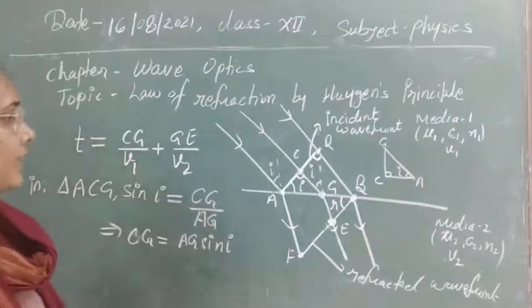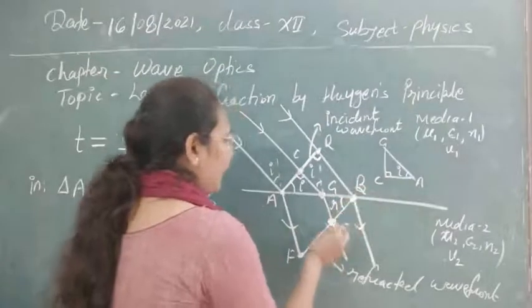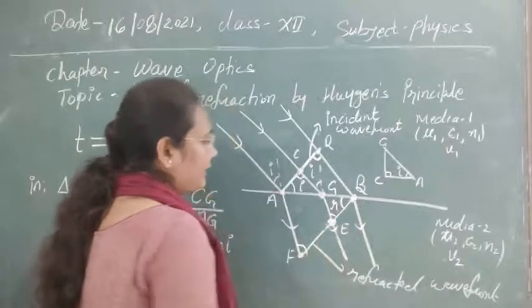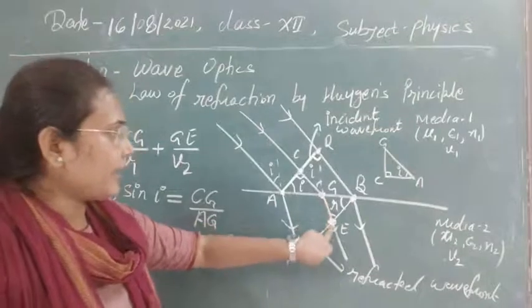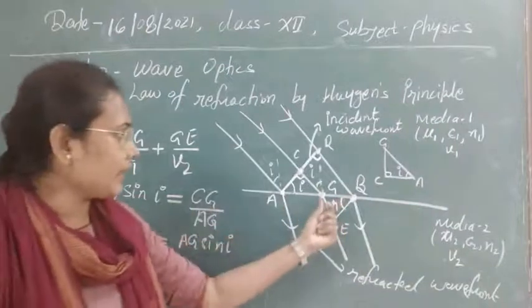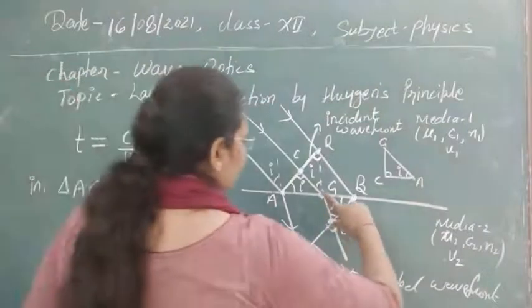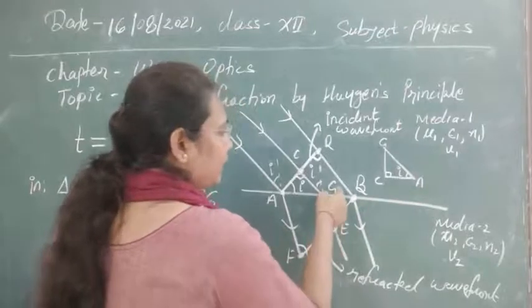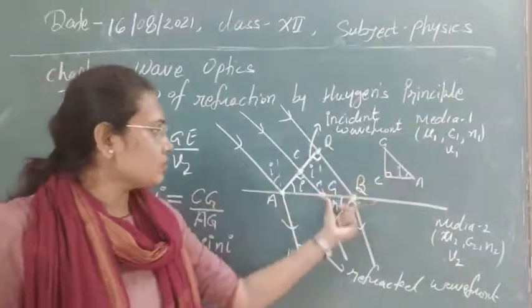In the same manner, we can take the triangle BZE, and in this, as this is the refracted wave front, again it makes a 90 degree angle with this one. So as this is perpendicular, if we write in the same format for this triangle, then sine r can be written as perpendicular upon hypotenuse. Here the perpendicular will be this one, ZE, and the hypotenuse is the side in front of the right angle, which is our BZ.